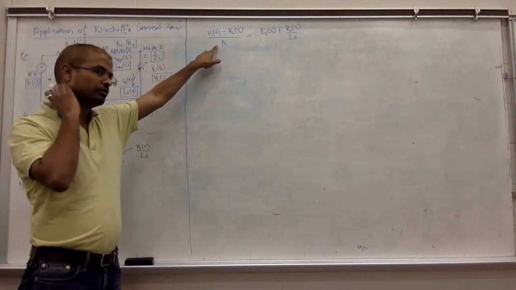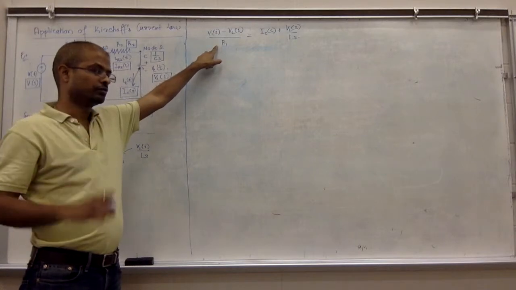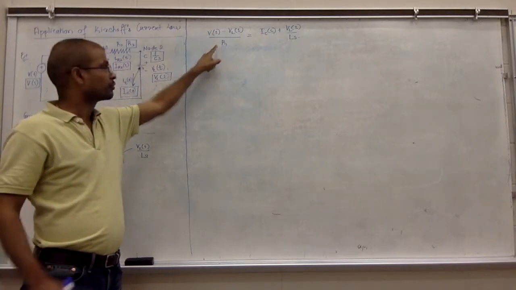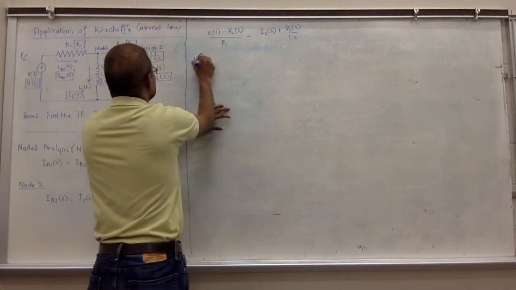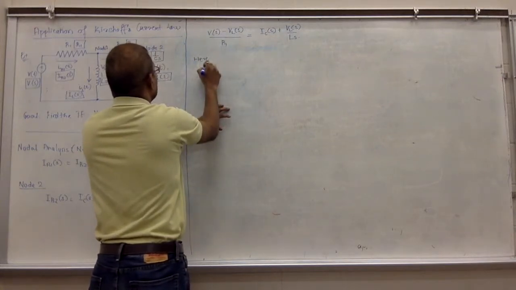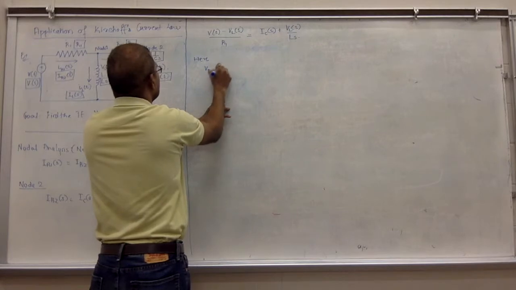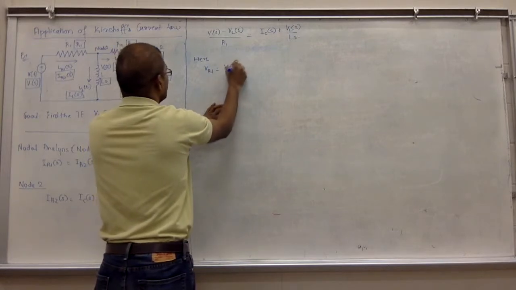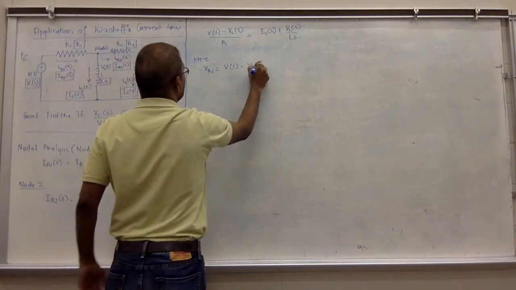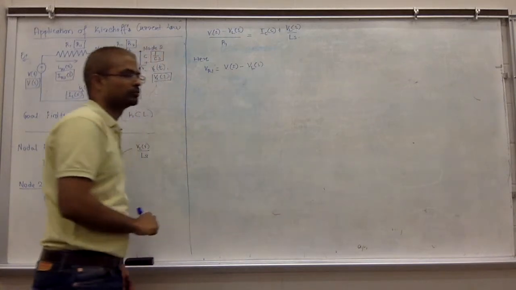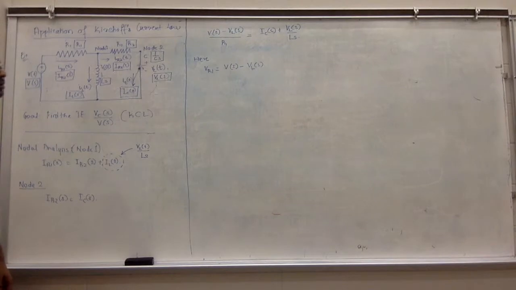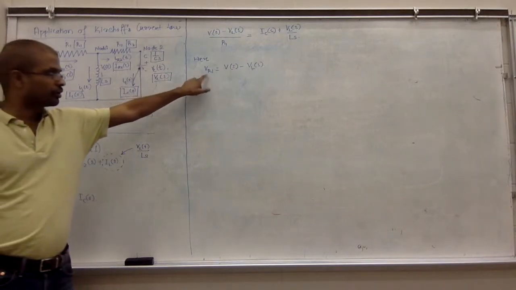I see that using IR1 for that, but what is this numerator here? VR1 is simply equal to V of S minus VL of S. This is your Kirchhoff's voltage law.